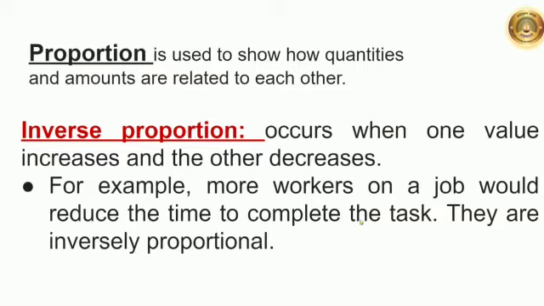So here the number of workers and the time required are inversely proportional. In an inverse proportion, the product of the two quantities will be a constant. In this case, the product of number of workers and the time required will be a constant.